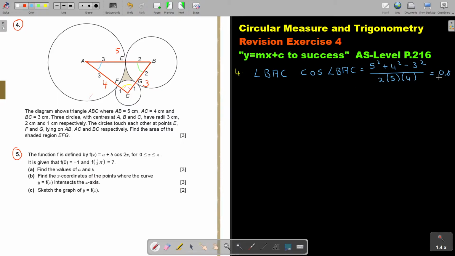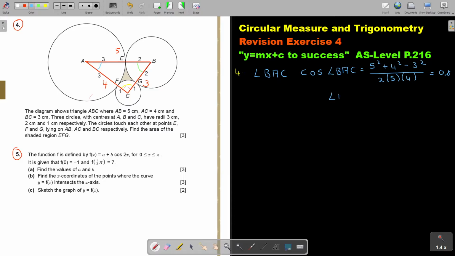On the calculator, I can put it in one step: 5 squared plus 4 squared minus 3 squared, close the bracket, equals, divide bracket, 2 times 5 times 4, close the bracket, equals, and then shift cos. Make sure your calculator is on degrees.